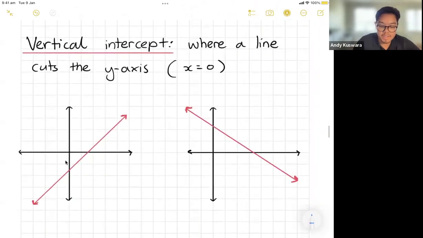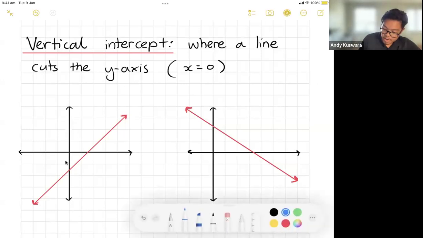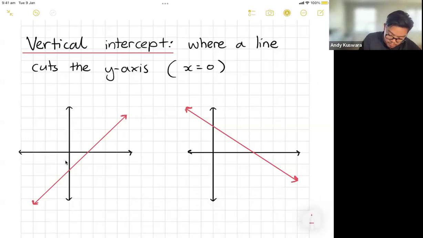Now, the other one is your vertical intercept. It's where a line cuts the y-axis, or in other words, where x equals 0. I haven't labeled these, but let's say, for example, this one here is minus 3, and this point here is 5.